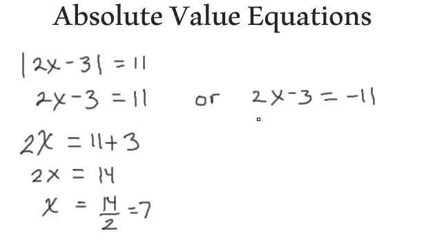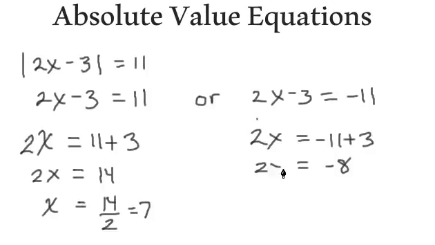Now let's look at this one over here. So we have 2x is equal to, I'm going to take the 3 over to the other side of the equal sign, so it becomes a plus 3. Negative 11 plus 3 is going to end up being negative 8.